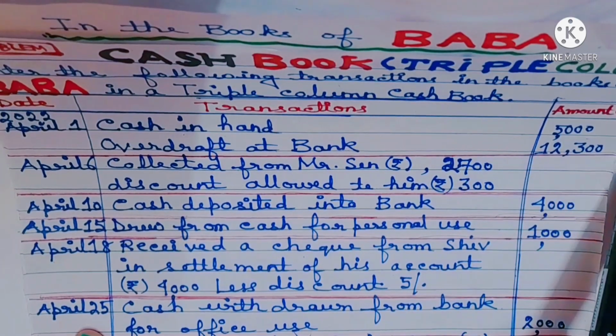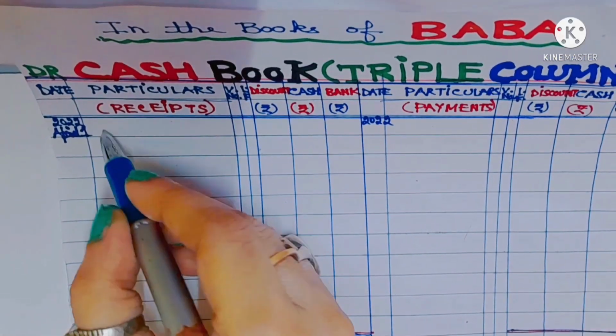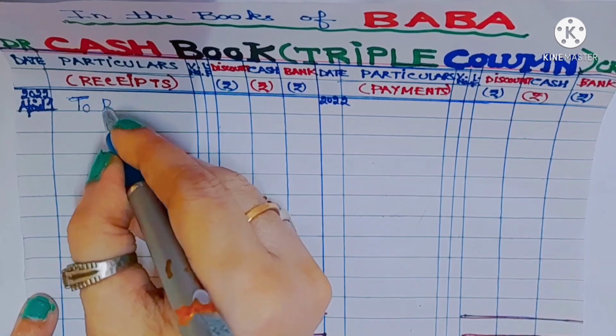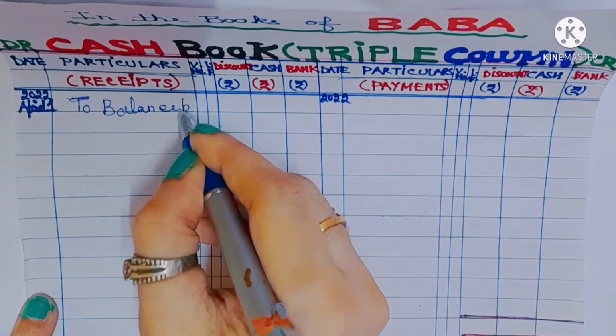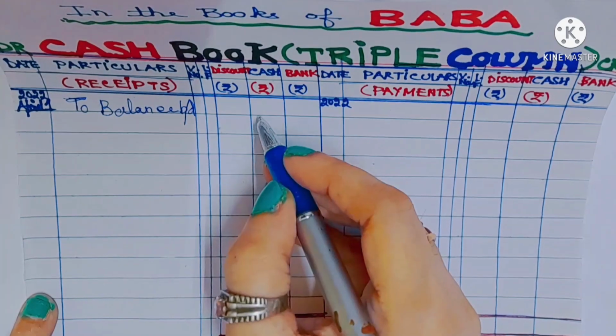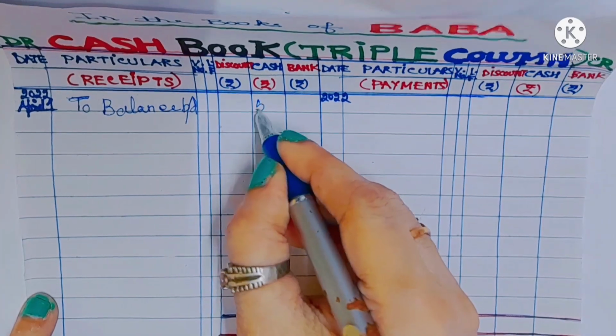Okay, so let's write. On 1st April, To Balance b/d in the cash column. How much? 5,000.